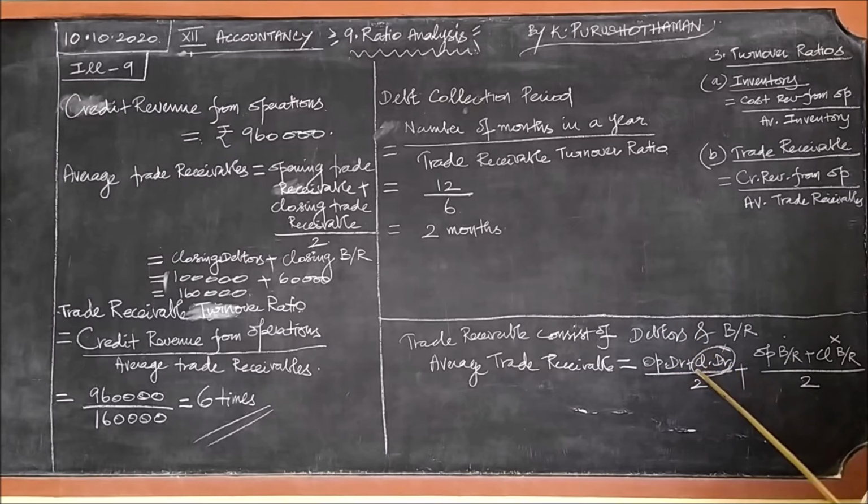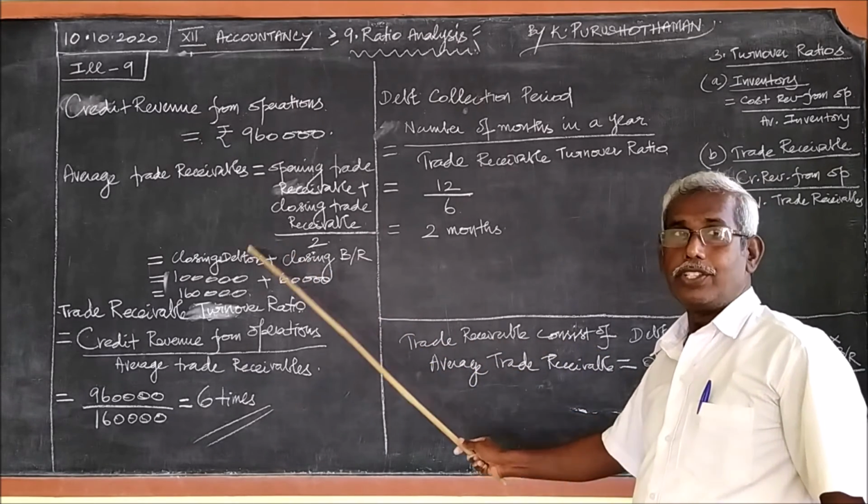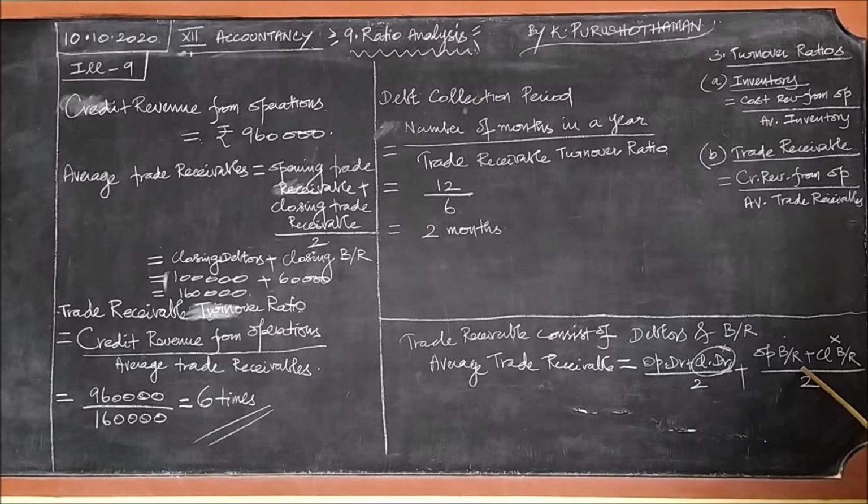So the closing debtors are taken as it is. Regarding the bills receivable, if opening bills receivable, that is bills receivable at the beginning of the year, and bills receivable at the end of the year are given, we can add and divide by 2 to find the average. Here only the closing bills receivable is given, and therefore there is no question of finding the average.